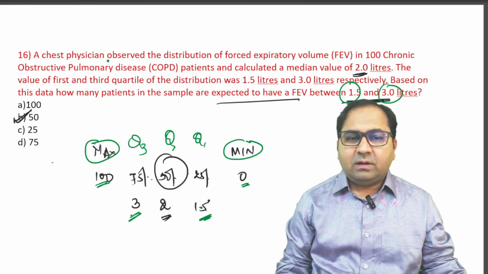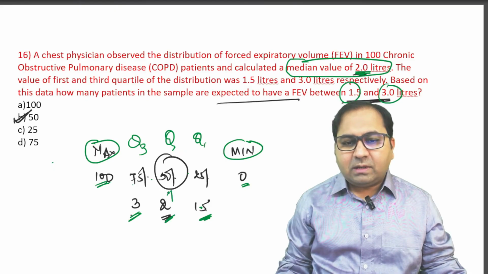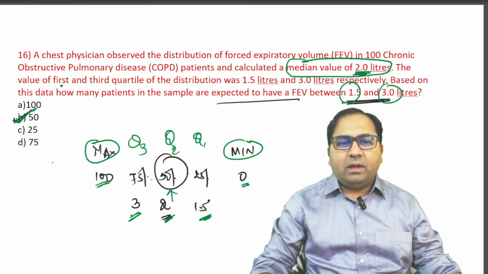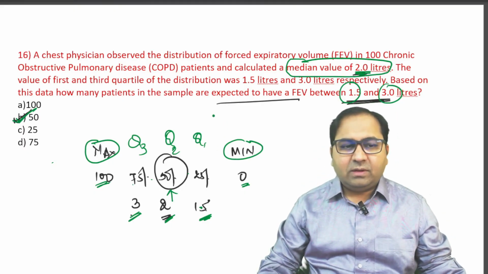Then see the second line: the median value is 2 liters. So you put 2 liters over here. 2 liters comes under 50% or Q2. So the answer for our question is 50. Read the question carefully. You will find the answer invariably in the question itself.